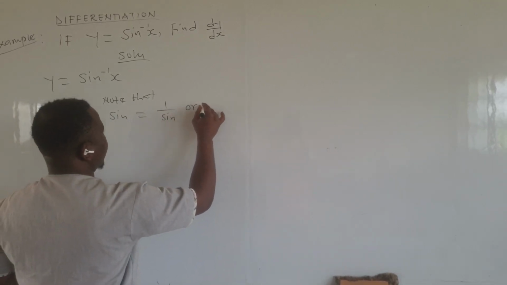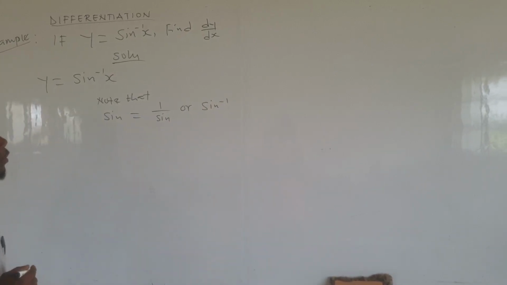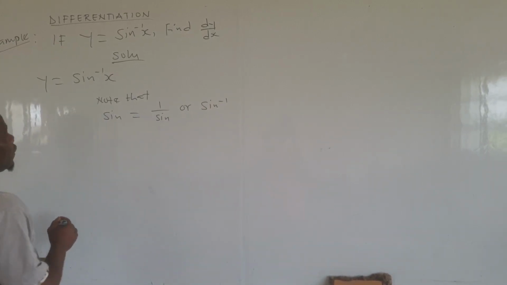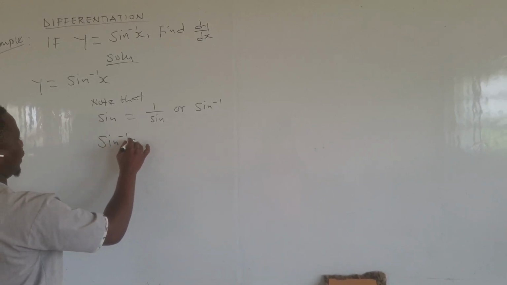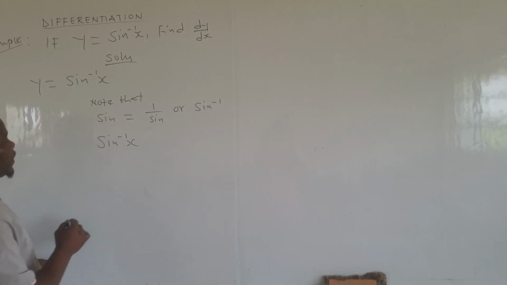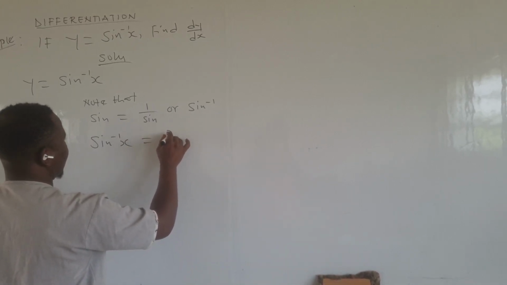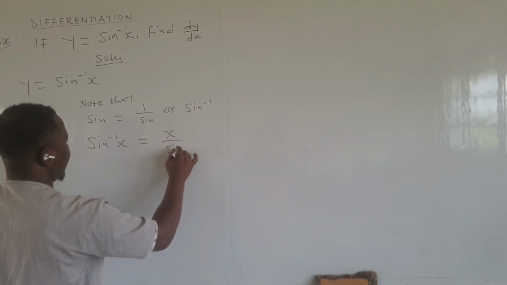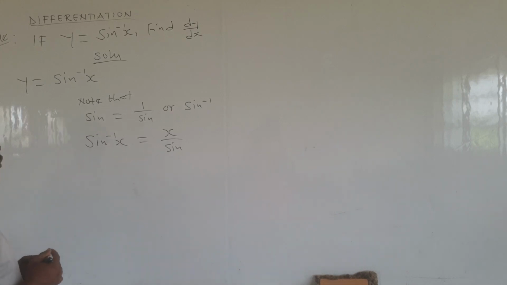Please take note. Is that clear? But now we have sine inverse x. So this implies that this is the same thing as x over sine. Is that clear? So please take note.